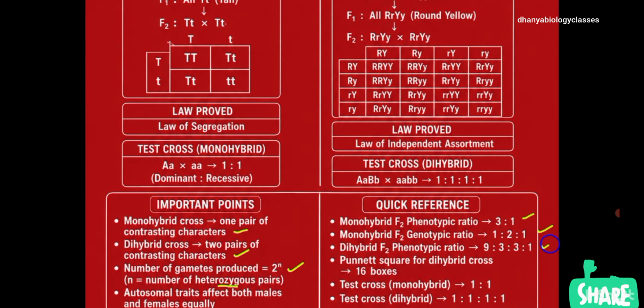Okay. And the Punnett square has 16 boxes, and there are the test cross ratios of monohybrid and dihybrid cross. And the genotypic ratio of dihybrid cross is actually 1:2:2:1:4:2:1:2:1. But you need to learn only the phenotypic ratio of dihybrid cross.